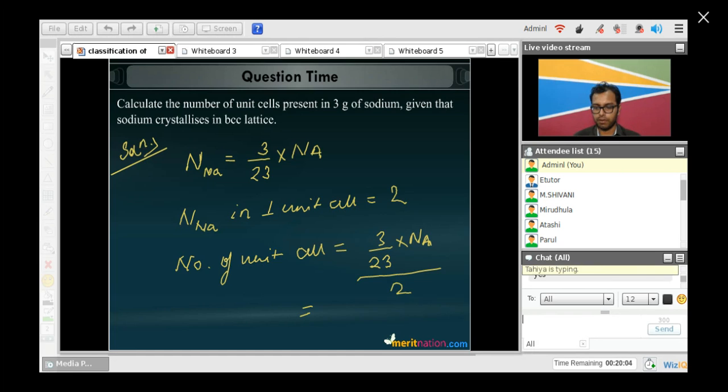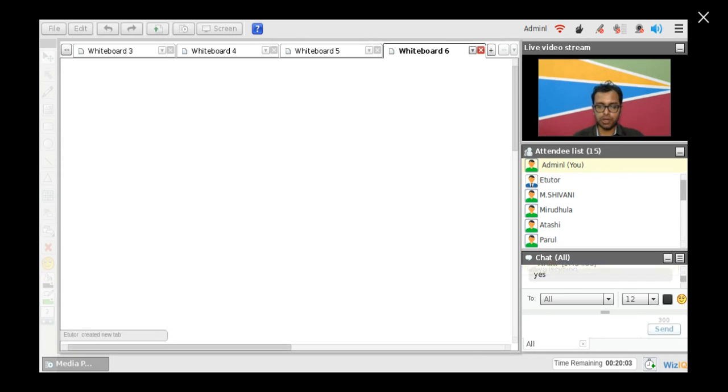You can use another way to calculate the total number of unit cells. The other way is you can deal with the mass, right? You can directly deal with the mass. You can find the mass of one unit cell. So mass of one unit cell will be equal to how much? So 2 multiplied by 23 mu, right?